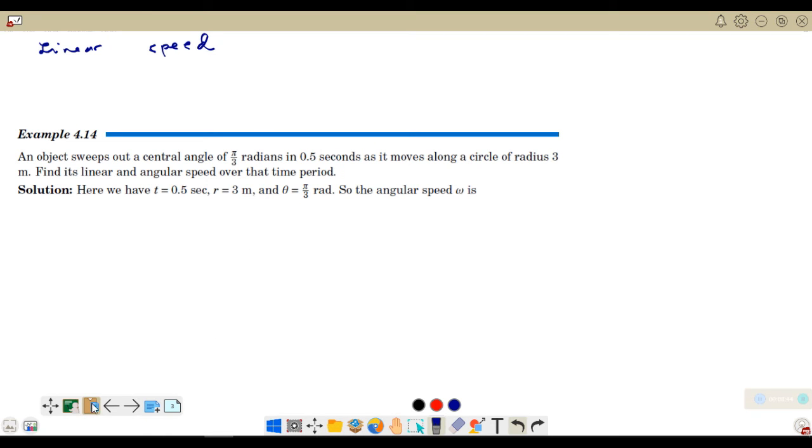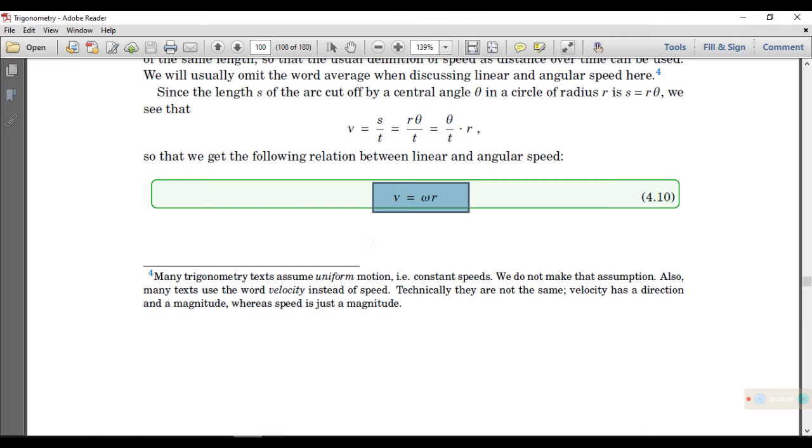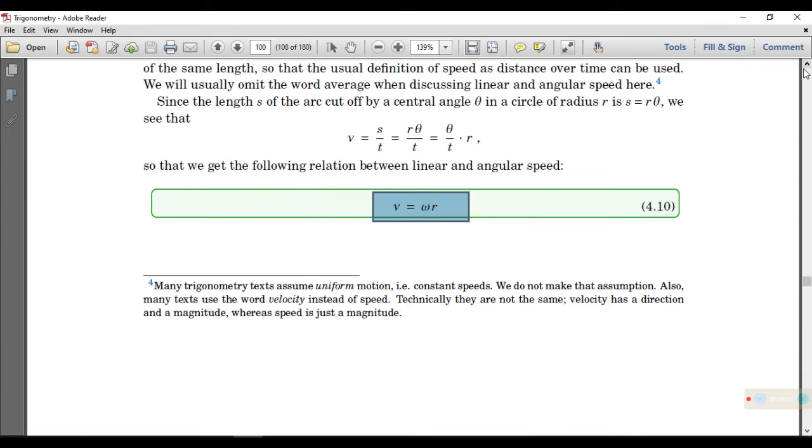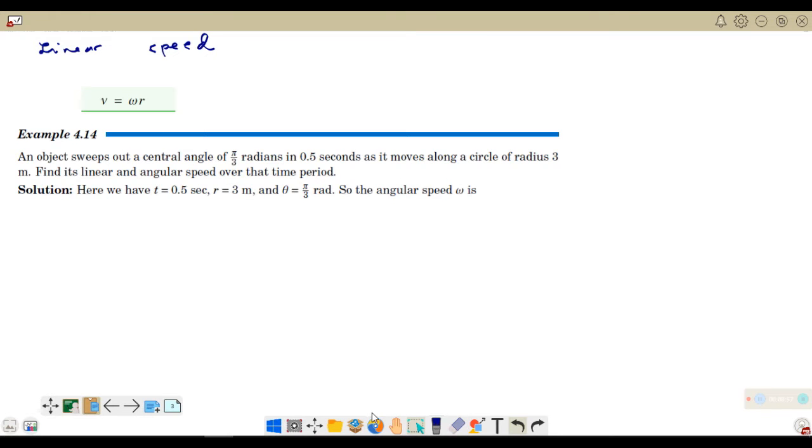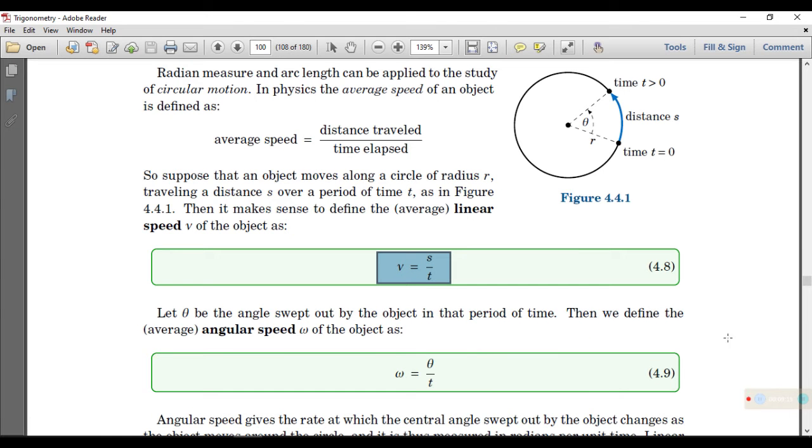Ito yung isa, if your s is not given yet. Tapos ito yung isa, if the distance is given and the time elapsed is given as well. Ayan, meron tayong dalawang formula for the linear speed. And then for the angular speed, ito naman yung gagamitin nating formula.